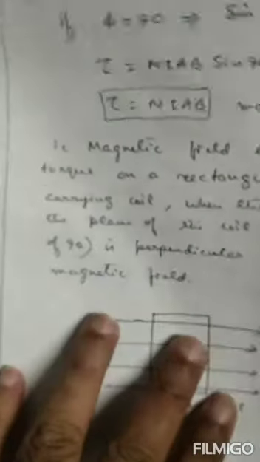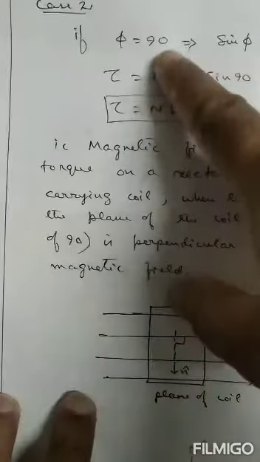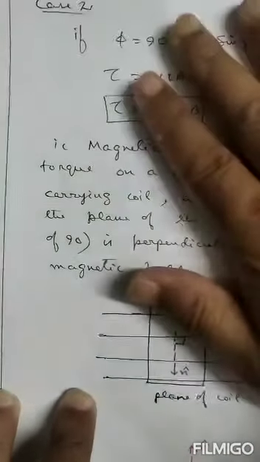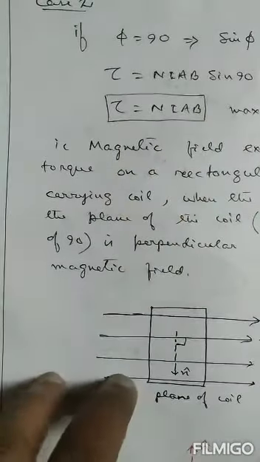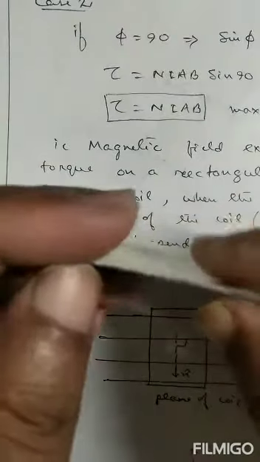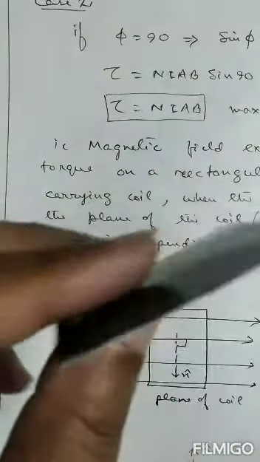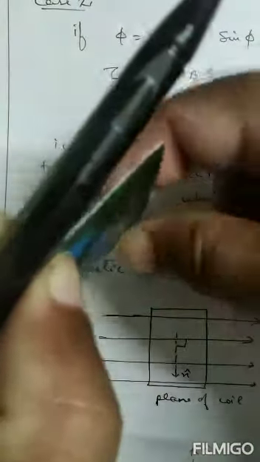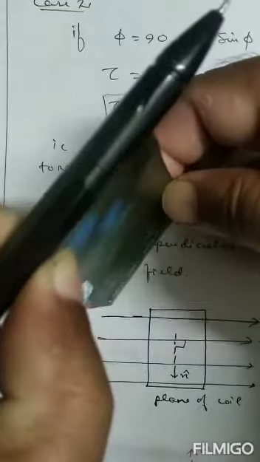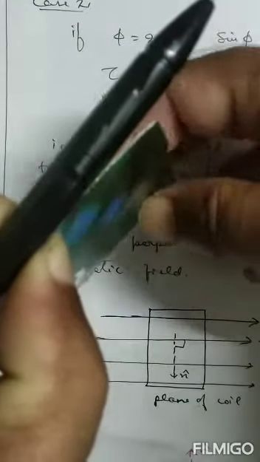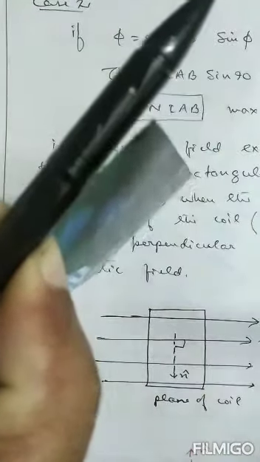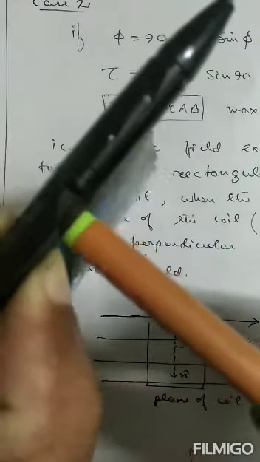Next, if phi is equal to 90 degrees, what is the condition? Okay, this is the magnetic field and this is the plane of the coil. You just see the position of the plane of the coil with respect to the magnetic field, and this is the outward normal.